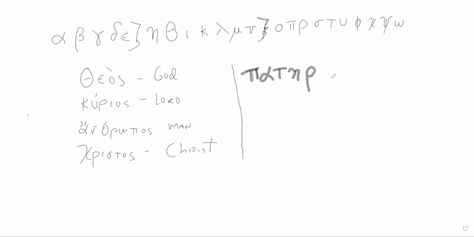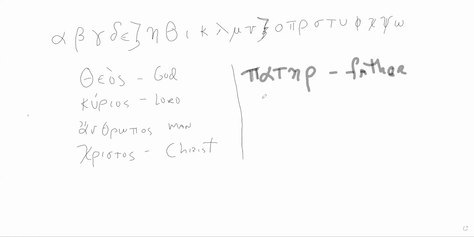Pater, from which we get father. You find in a lot of languages, the P sound, the F sound, and the V sound are used interchangeably when you jump from one language to another. Pater, father, you see the P, the pi, the alpha, the T, that's the pa, and then the air.